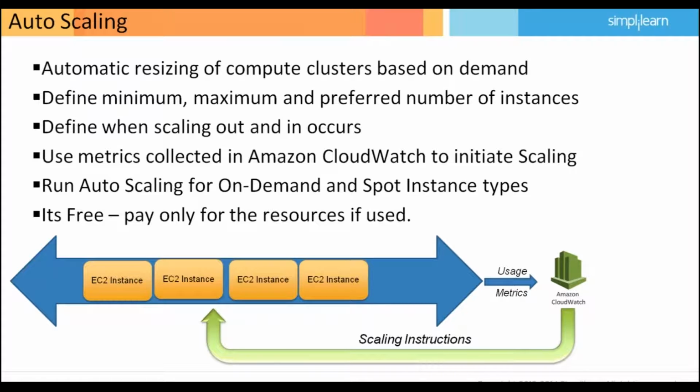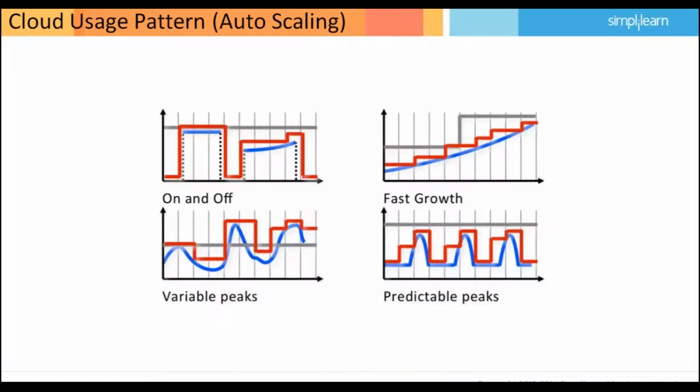Further, if you find out it's night time, you don't have any users coming in, the usage has come down automatically, it's close to 10%, probably because it's night, or probably they are in a different time zone. It would send further usage and metrics information to CloudWatch, and CloudWatch would monitor that and send scaling instructions to delete or remove the EC2 instance.